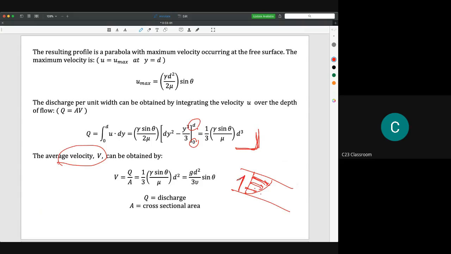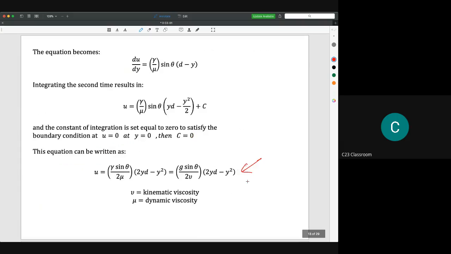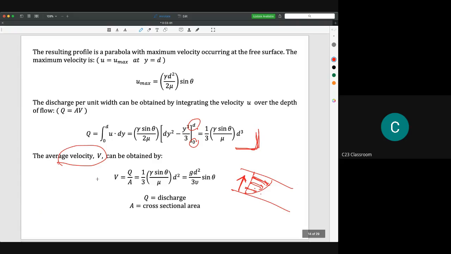That's why in undergraduate study, you might be using the average velocity to solve problems. That average velocity actually must tally with the flow rate. So you should start by calculating from the velocity distribution like this one. You need to calculate the flow rate according to the velocity distribution.